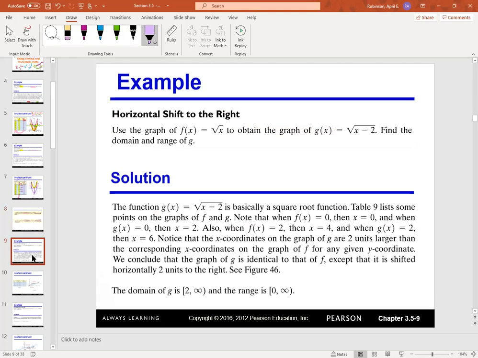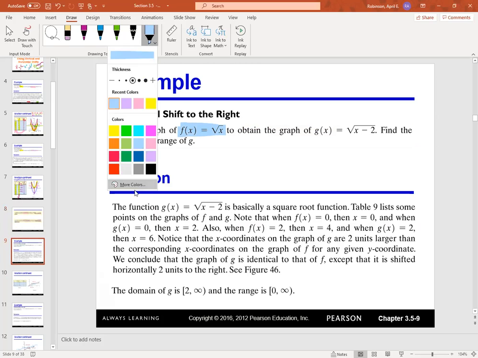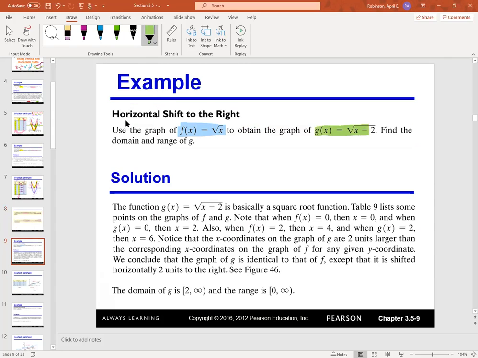And horizontal's slightly different. It says use the graph of f of x equals the square root of x to obtain the new graph of g of x equals the square root of x minus 2.